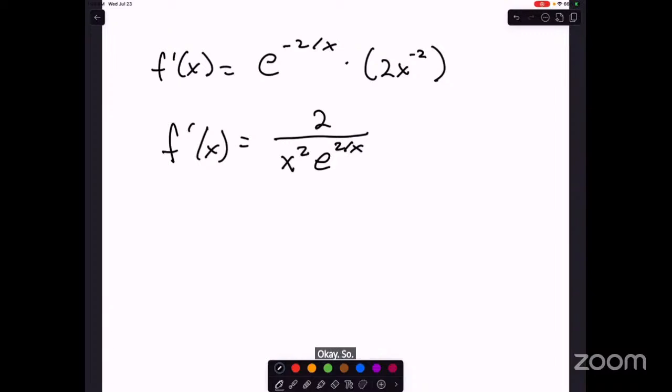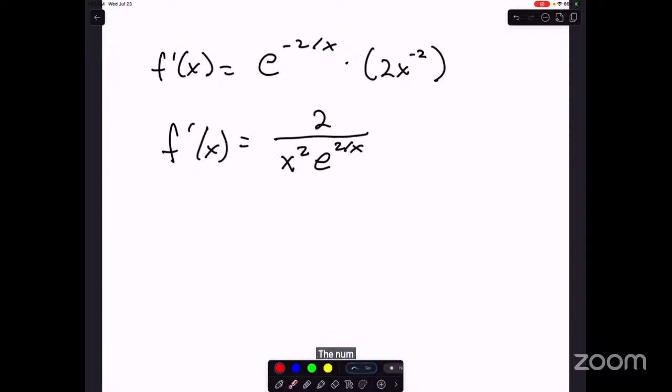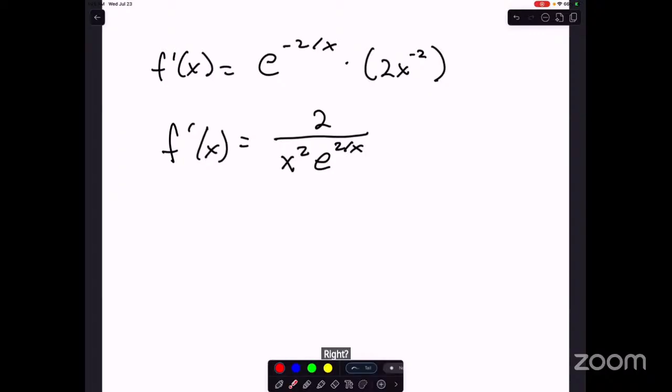So the critical numbers are going to be the values of x that make this guy either 0 or undefined. We're not going to find the x that makes the numerator 0, right? But we have some x's that make the denominator 0, right? When x is 0.